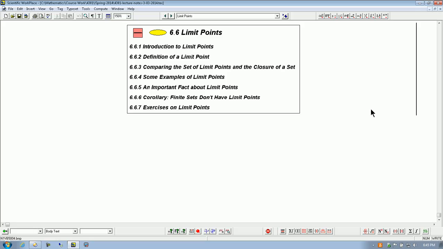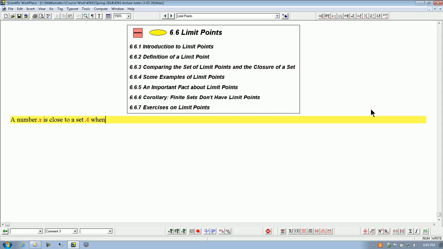We have been talking about a point being close to a set. Let me remind you, what does it mean? I'm just reminding you. A number, X, is close to a set A when what?